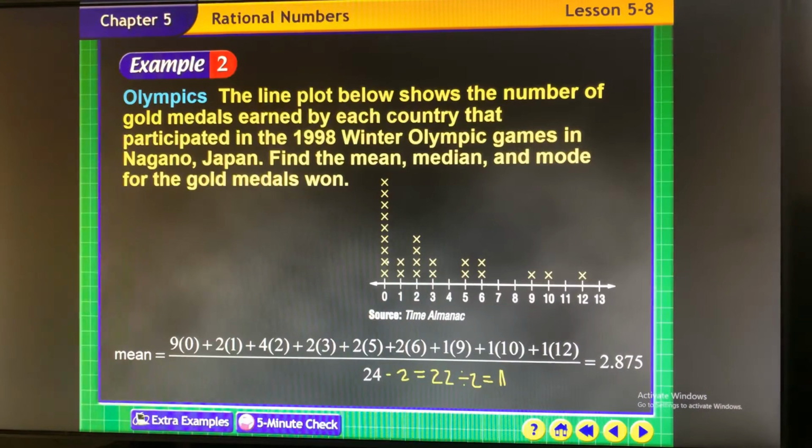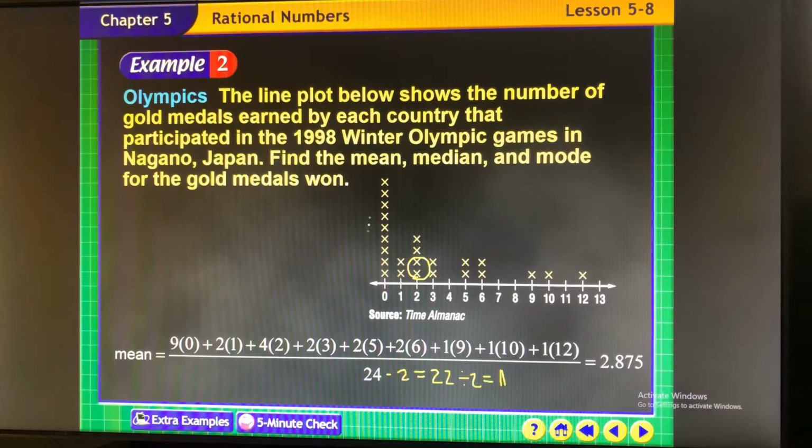So I have 1, 2, 3, 4, 5, 6, 7, 8, 9, 10, 11. So these 2 are in the middle. So your median is 2. Makes sense. And your mode is easy. It's the one that occurs most often with the most X's. So 0 is your mode. I definitely wouldn't use my mode to describe my data. I would use probably more my mean and my median in this case.